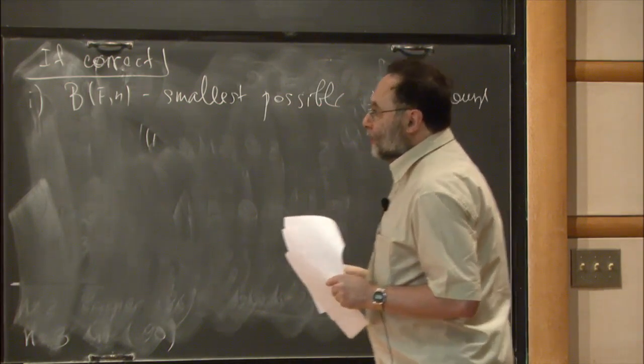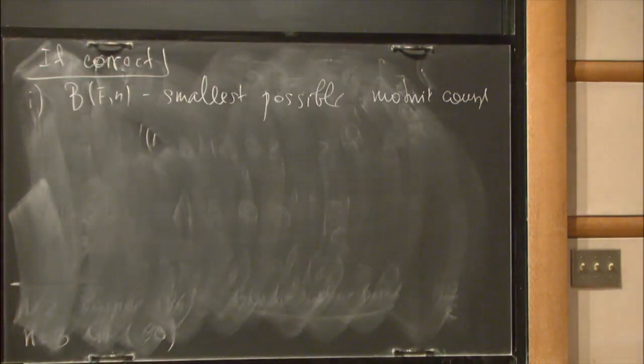So here means the following. If you look, for example, when n equals 2, at the definitions of Bloch's higher Chow groups, then we do the following.